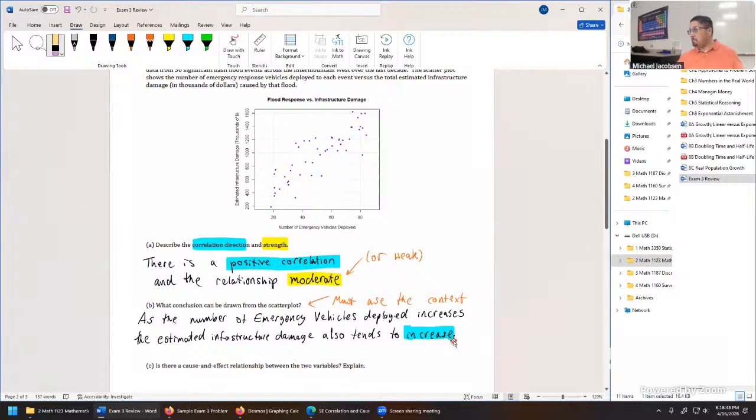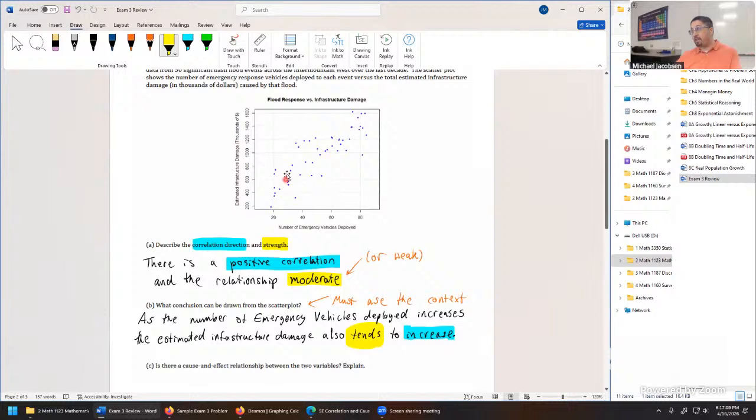Okay, then finally, the wording here is kind of touchy in a certain sense, but I'm not going to be too picky with how you word it in part B. I try to be careful by saying as the emergency vehicles increases, the estimated infrastructure damage tends to increase. What I mean by tends to increase is it's not a very exact rule.